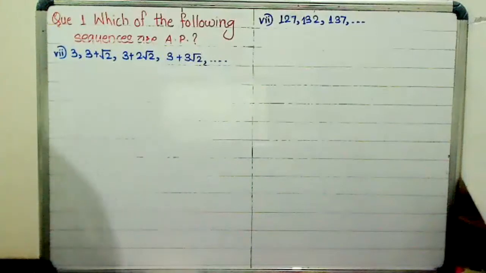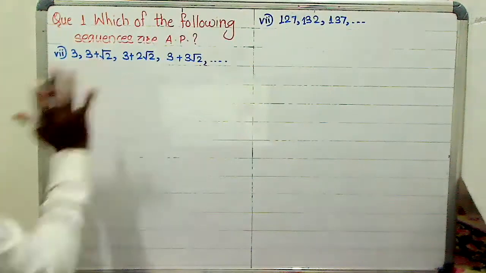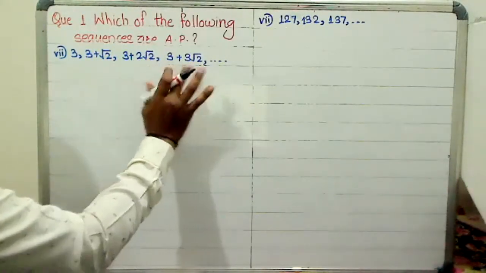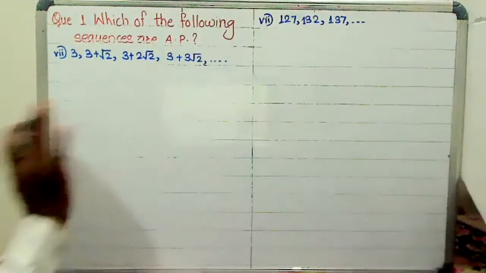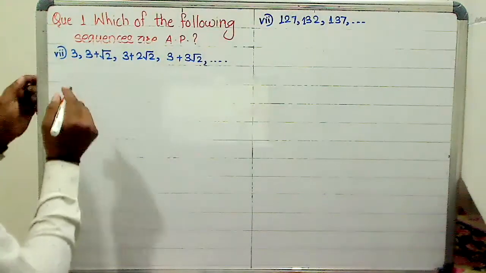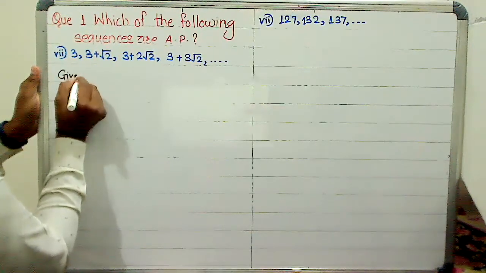Now the next example is 3, 3 plus root 2, 3 plus 2 root 2, 3 plus 3 root 2. This is our given sequence. So first of all, write the given sequence.